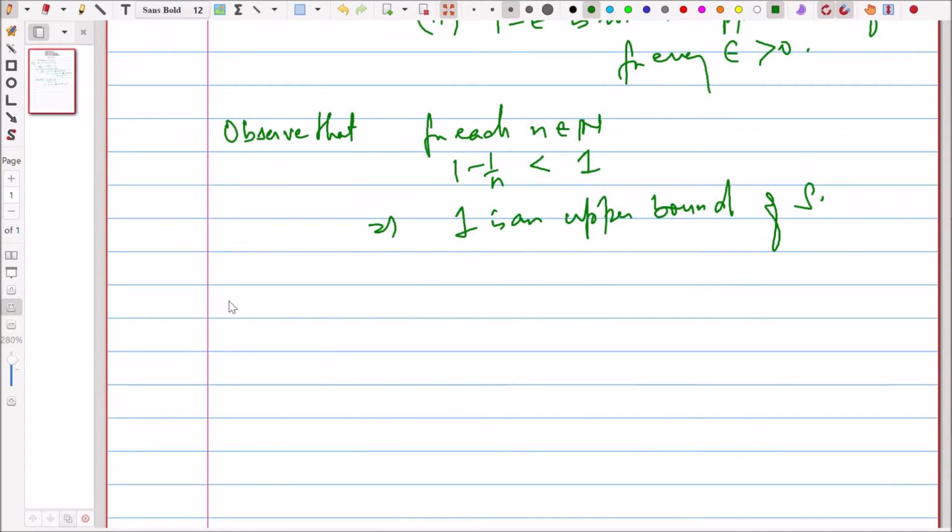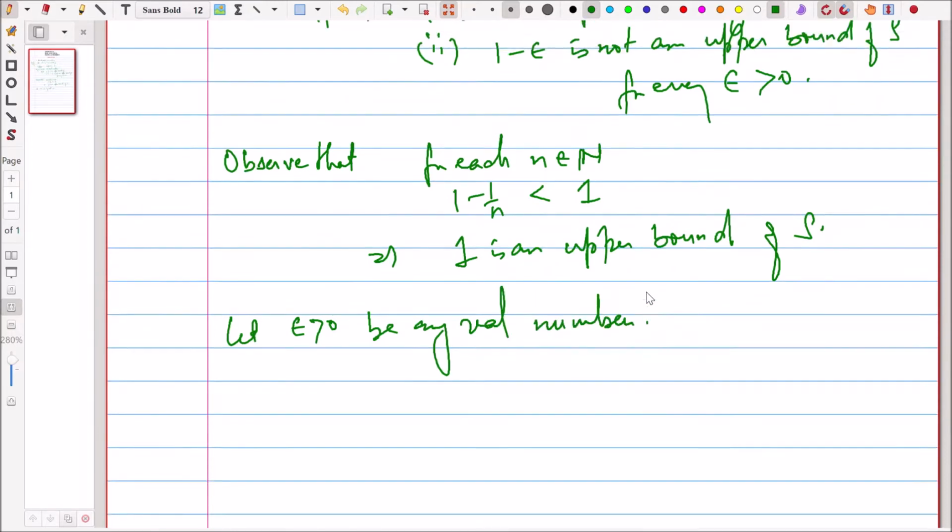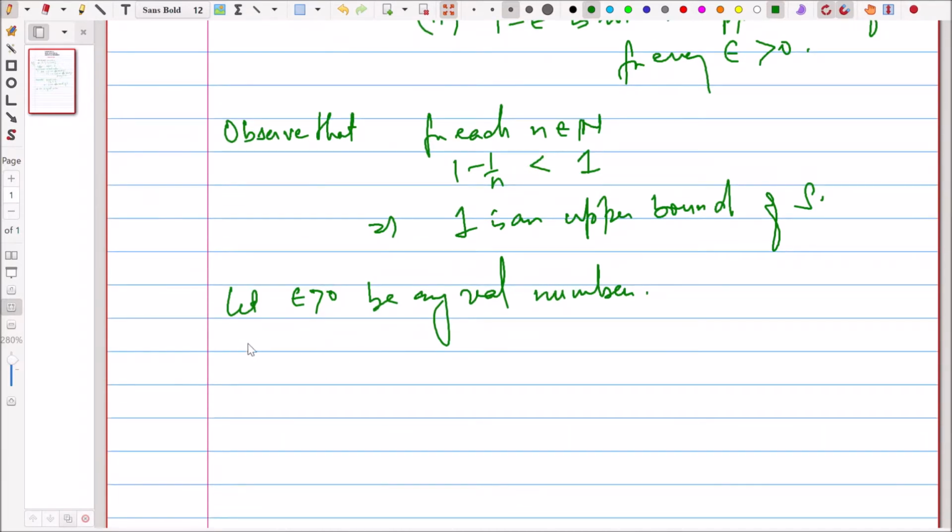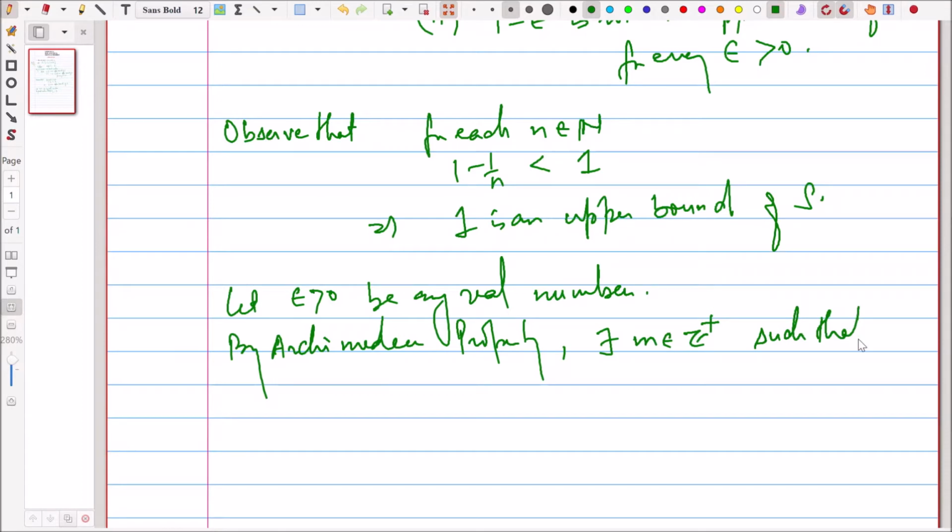Next we have to show that 1 minus epsilon is not an upper bound for any epsilon greater than 0. So let epsilon greater than 0 be any real number. We have picked an arbitrary epsilon. Now we are going to show that 1 minus epsilon is not an upper bound. We will use the Archimedean property for this. By the Archimedean property, we know that there exists a natural number m belonging to Z positives such that 1 by m is less than epsilon.